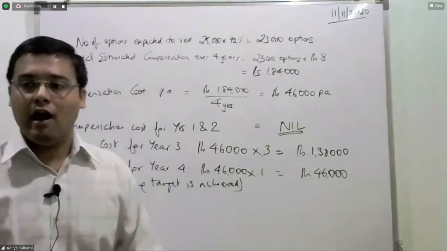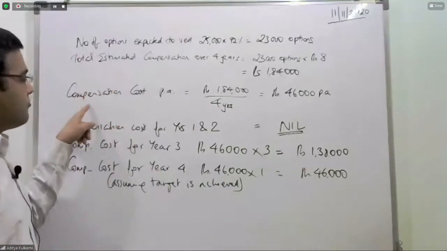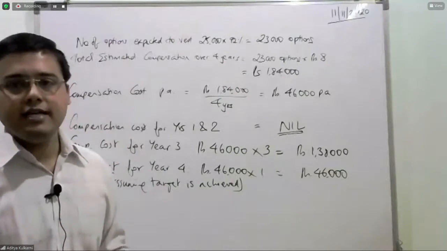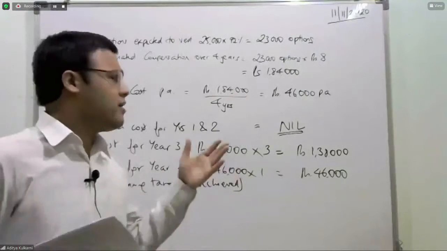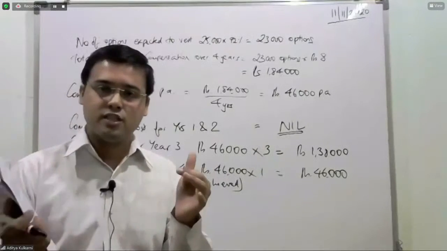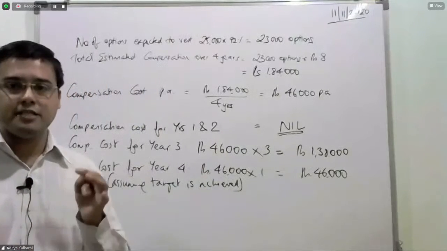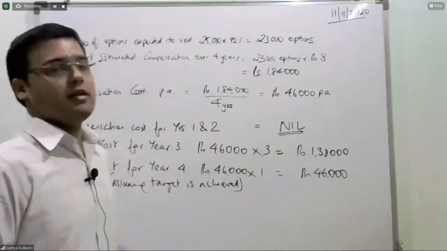Do you see how management can play with the figures? Yes. First 2 years, my profitability may be less. So we may think, why do I need to charge? Only reason is because this is just a journal entry. So whenever you check only journal entries, please be very critical about that. All right.